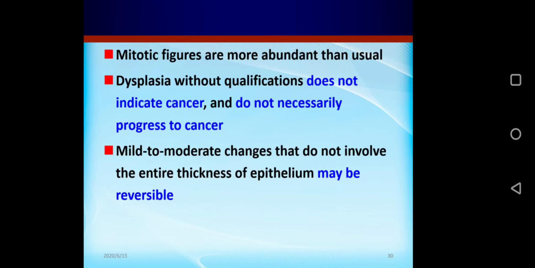Mitotic figures are more abundant than usual. Dysplasia without qualifications doesn't indicate cancer and doesn't necessarily progress to cancer. So dysplastic proliferation doesn't mean a neoplastic lesion. Mild to moderate changes that don't involve the entire thickness of the epithelium may be reversible.